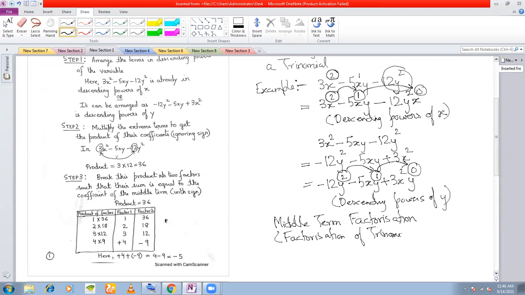Okay, so whether I say factorization of trinomials or middle term factorization, it is the same thing. Okay. So now let's see how to factorize by middle term factorization.